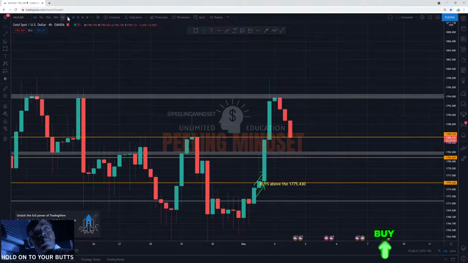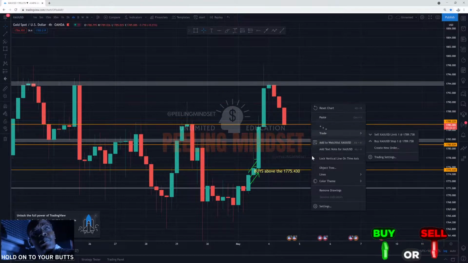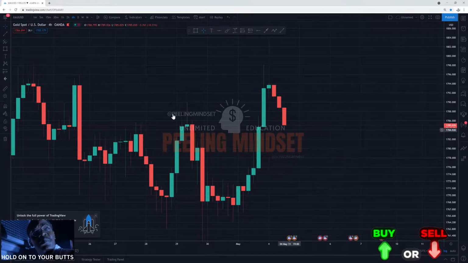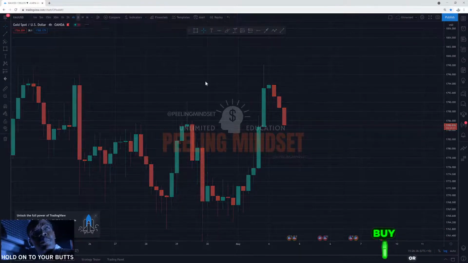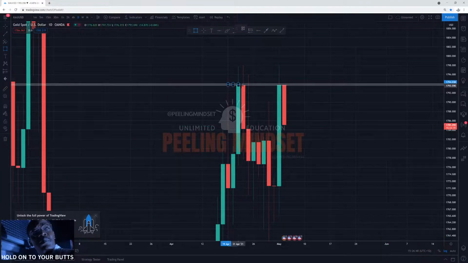What we're going to do is, let's just remove all of the drawings and start fresh, right? That'll be a good idea. So this is the daily resistance that the price is rejecting right now.